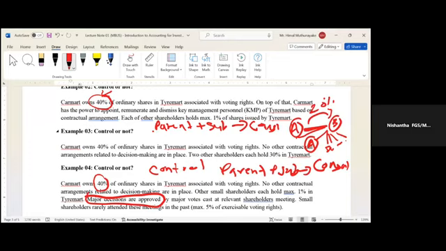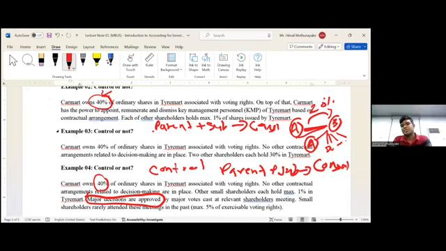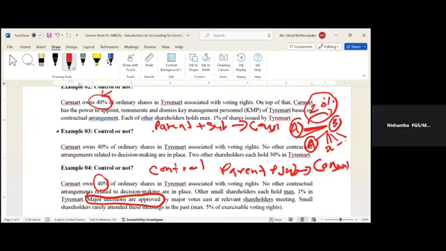Then what will happen? No, you got it wrong. If you are having 20% or more, that means you are only having the power to participate in the decisions. You can't control the decisions. Yes, we have power to participate.